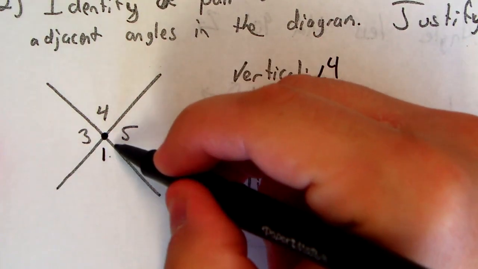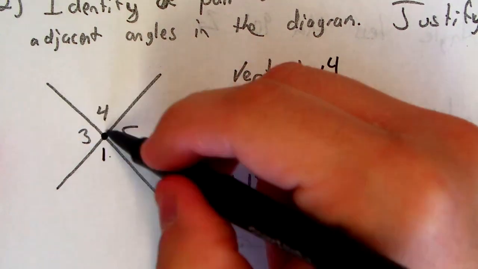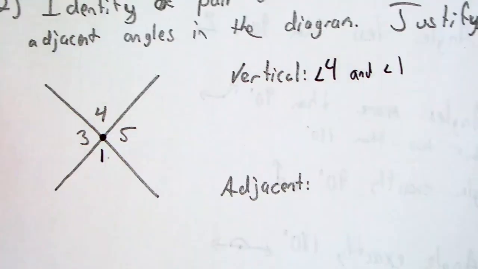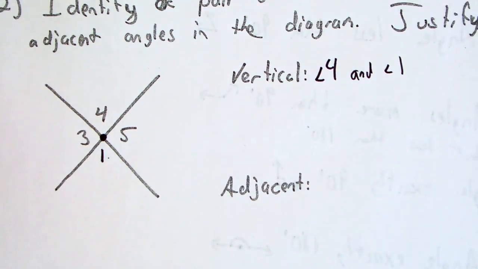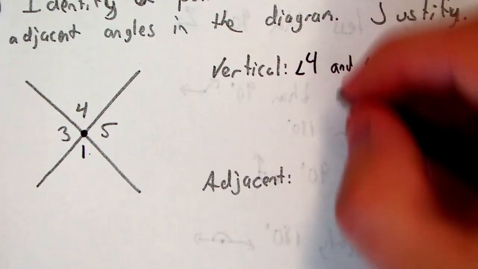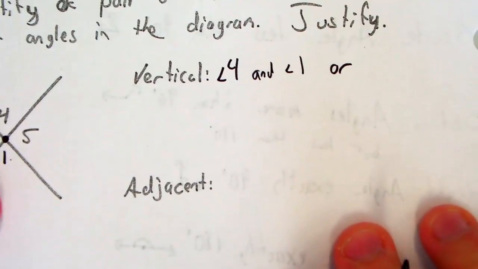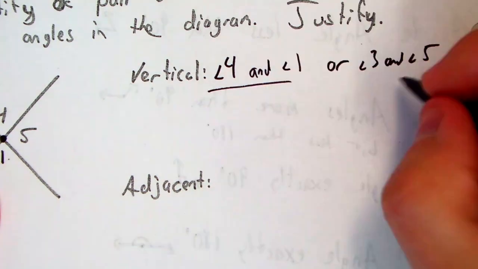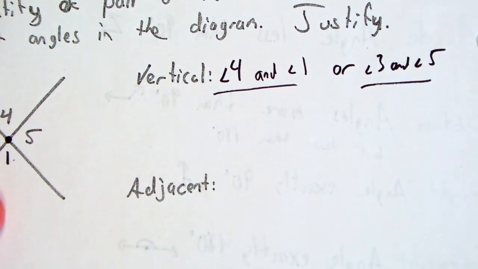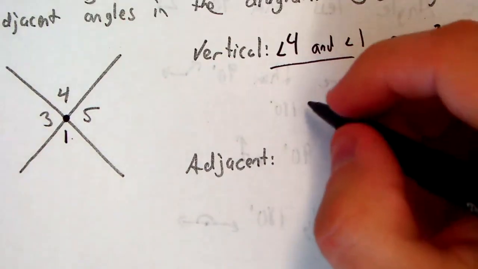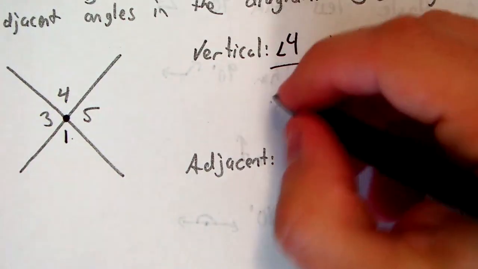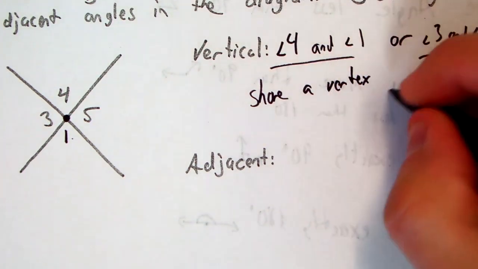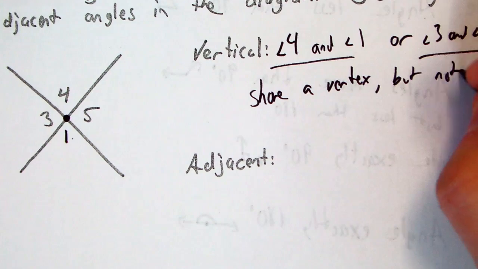Angle 1 goes up to the vertex and down. My pen never overlaps any of these sides. So we could say angle 4 and angle 1. We could also say angle 3 and angle 5. Notice how they come in pairs. That's very important. Now, these are vertical angles because they share a vertex, but not a side.